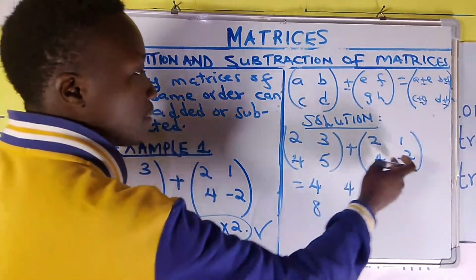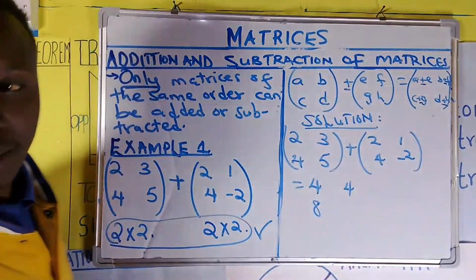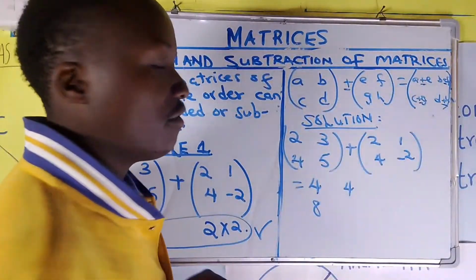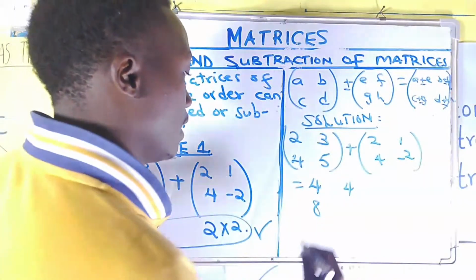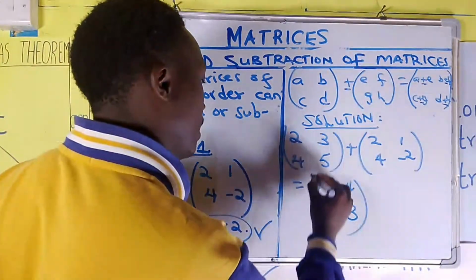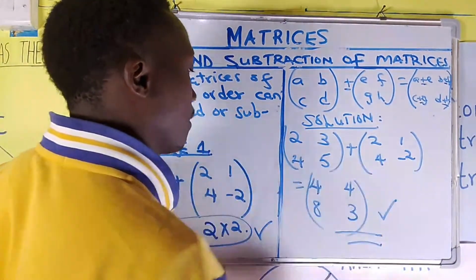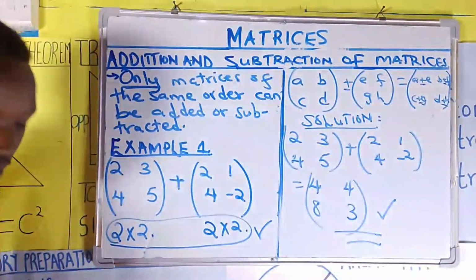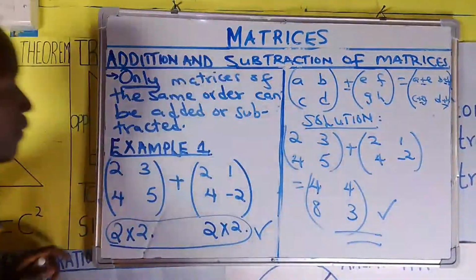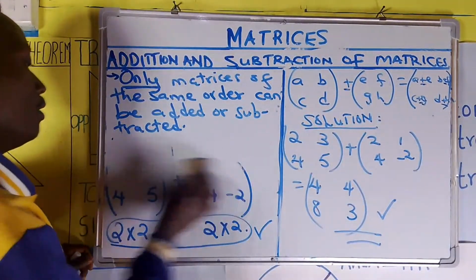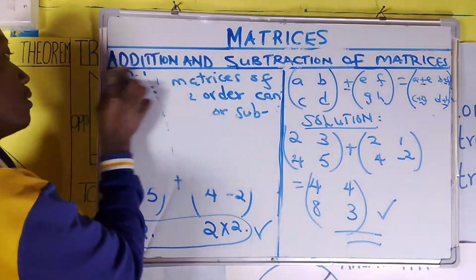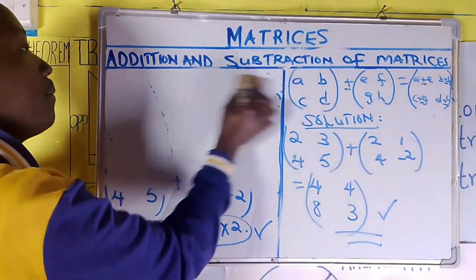And 5 plus minus 2. What is 5 plus minus 2? 5 plus minus 2, plus minus becomes minus. So 5 plus minus 2 is equal to 3. And that becomes our answer. So matrices of the same order can be added or subtracted. Let us have another example.